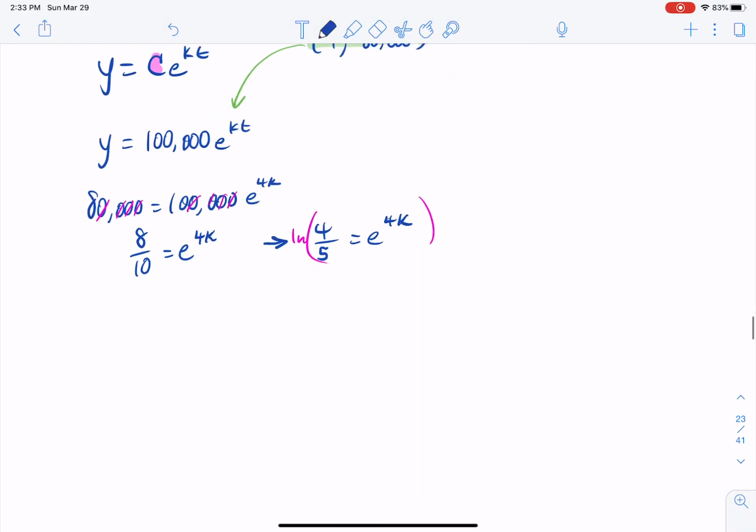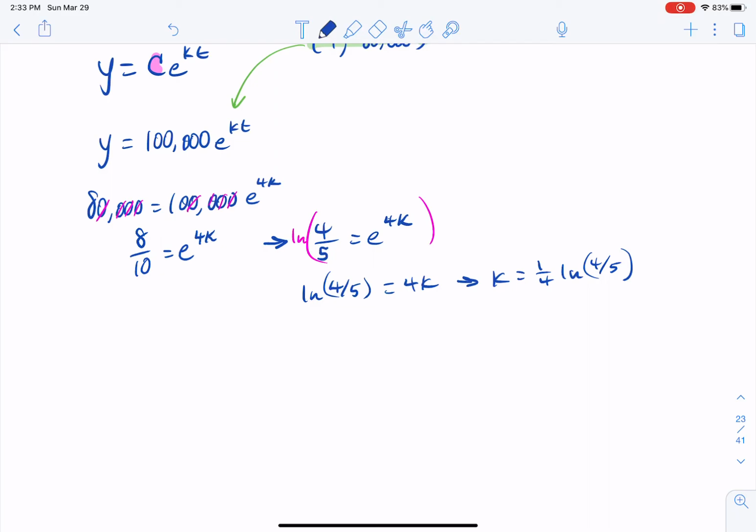And we get the natural log of 4/5 is equal to 4k, which means that k is equal to 1/4 of the natural log of 4/5. And yeah, sure, you can use some algebra and simplify that if you want to, plug it into the calculator, get an approximate answer.